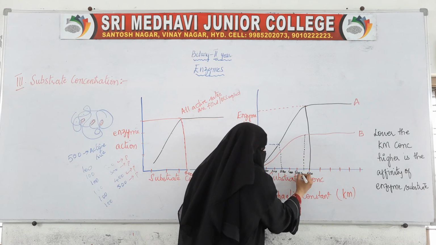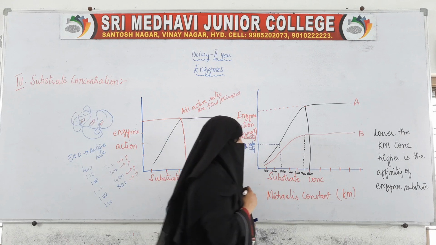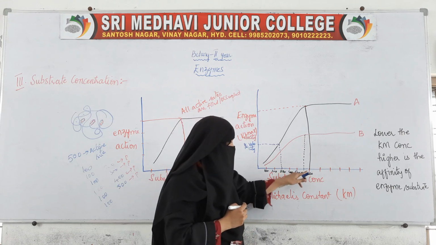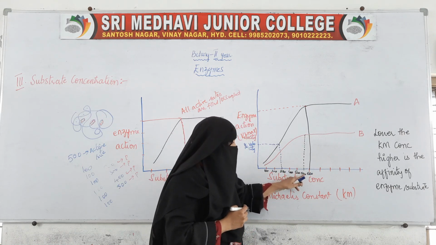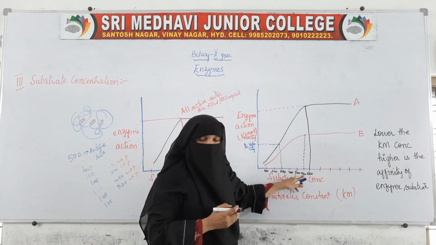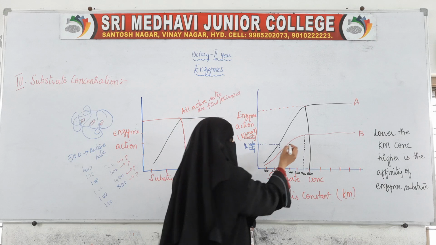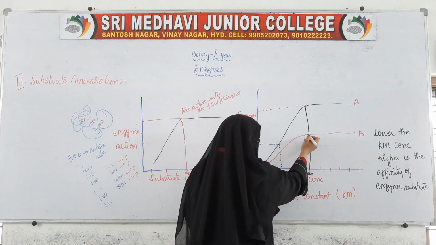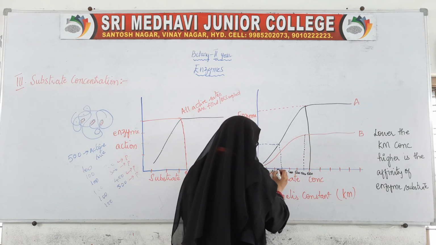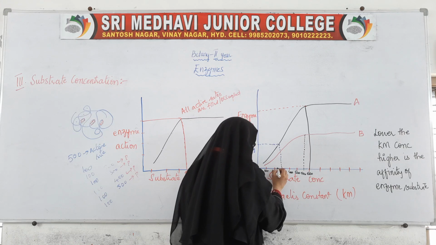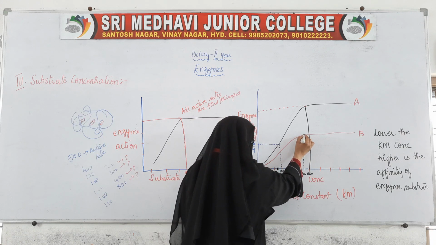You take this as between 500 and 600, so take it as 550. Half of 550 we get is 275.